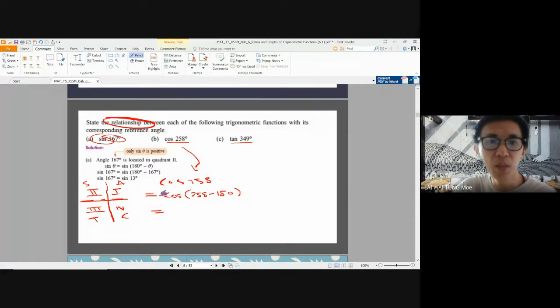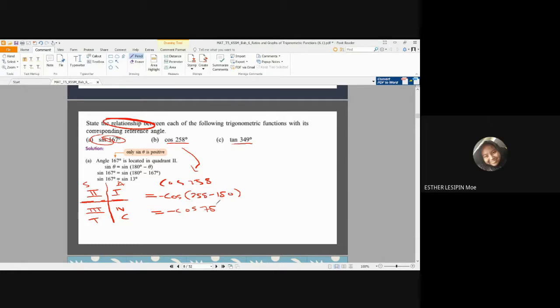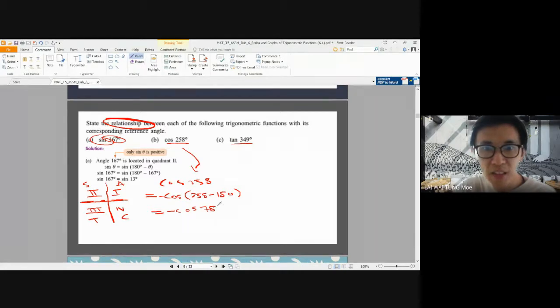Finally, calculate with the calculator: 258 minus 180 equals 78. So the answer is negative cos 78. Do you get the answer? Yes, very good.